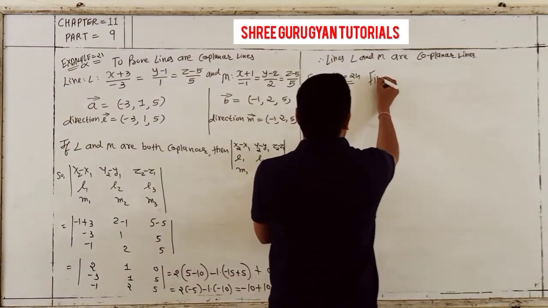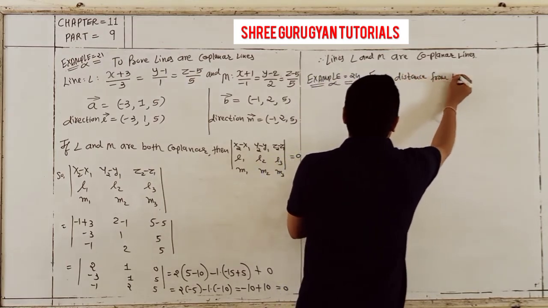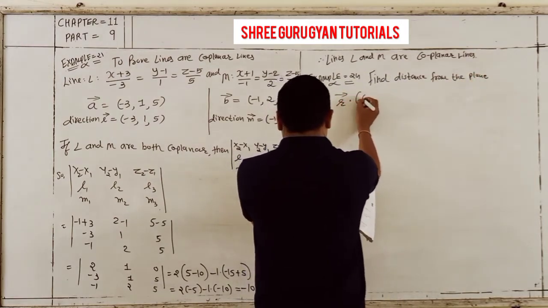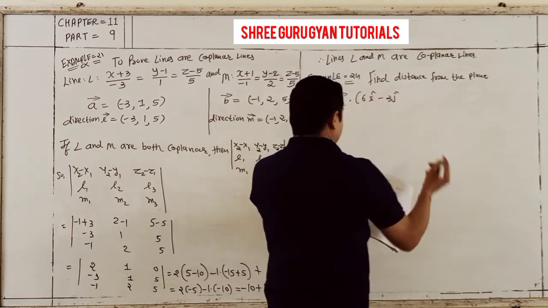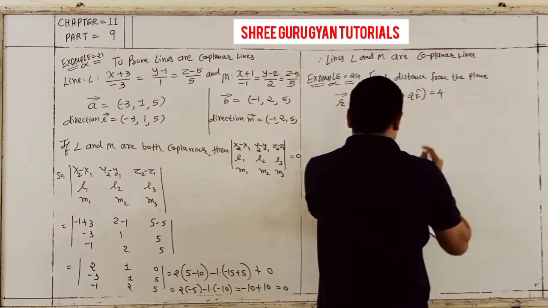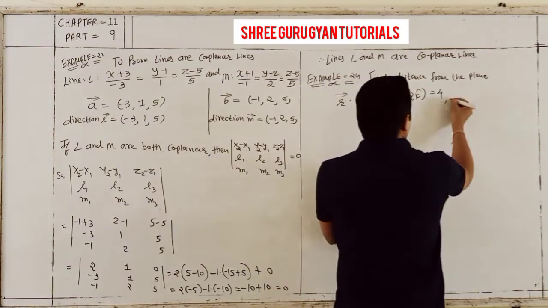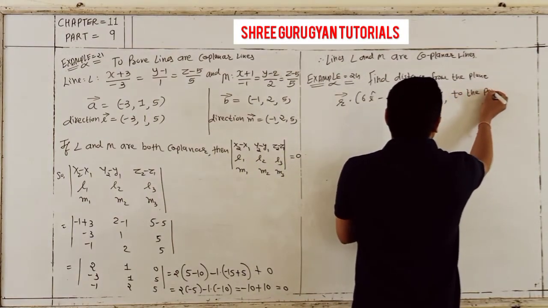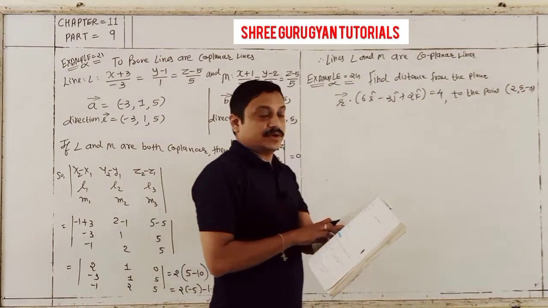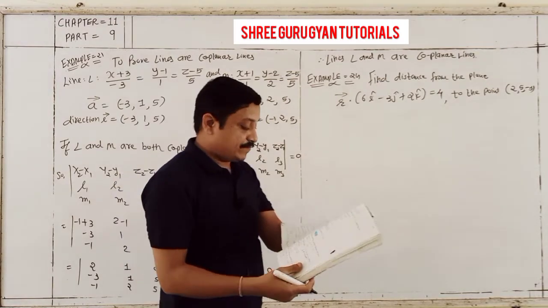Find the distance from the plane given by r dot (6i minus 3j plus 2k) equal to 4 to the point 2, 5, minus 3. Very easy. One more time check: 6i minus 3j plus 2k equal to 4, and the point is 2, 5, minus 3.